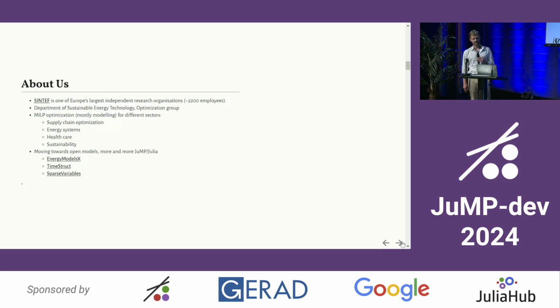And as you heard yesterday, we are moving towards doing more open stuff, and in particular, we are doing more modeling in JuMP and using Julia, and we have started to share some of our packages with the public. And these are some of the packages that have been presented before.